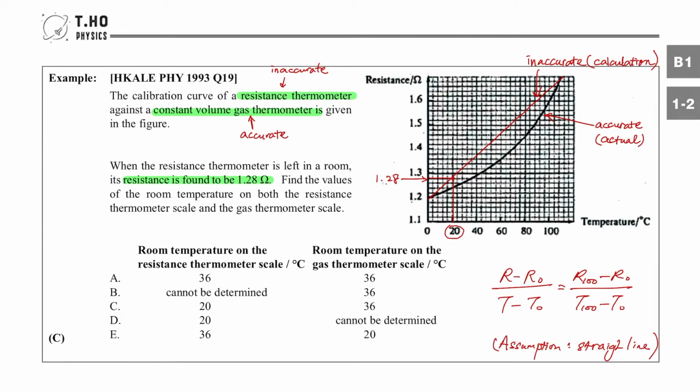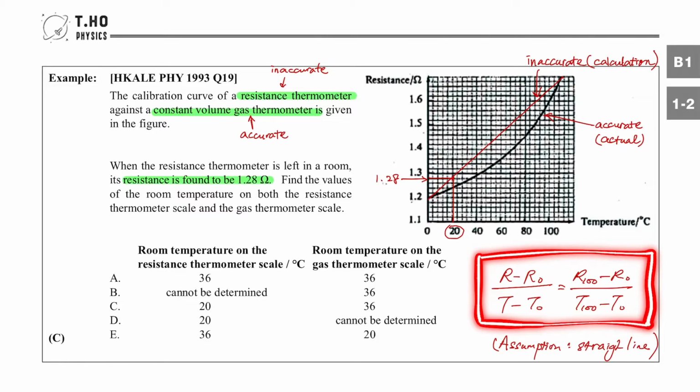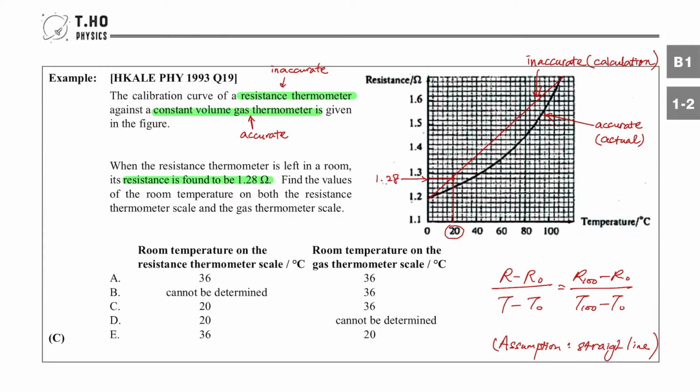The temperature we thought would be 20 degrees Celsius. This is when we are applying this formula. We'll get a temperature reading of 20 degrees Celsius.